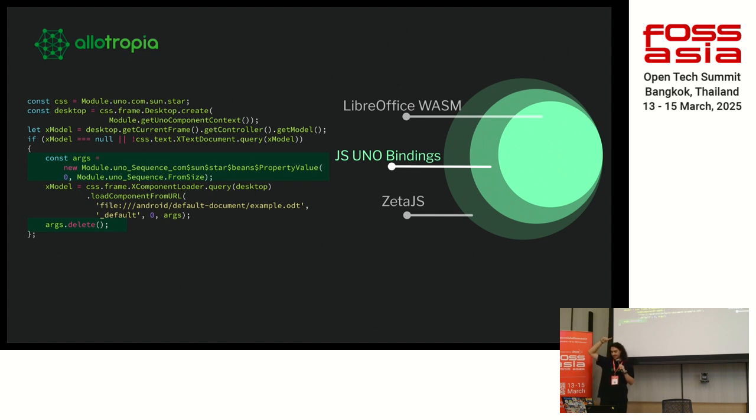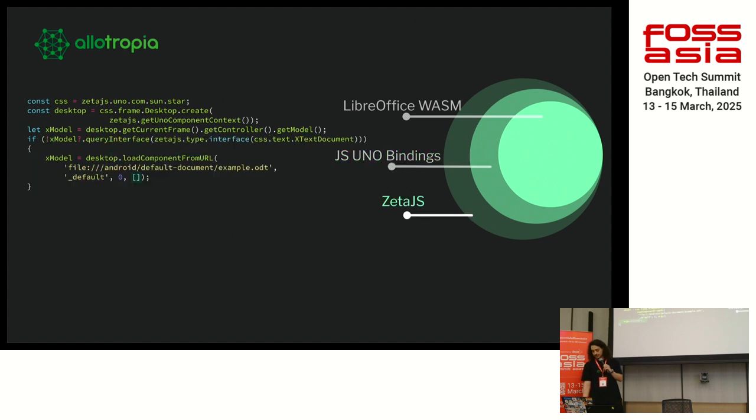It's very ugly, and at the end of the code, we need to actually delete the thing. You can actually use just an array of values, but you need to represent it in the LibreOffice way, and it's really cumbersome like this. If you use Zeta.js instead, it basically abstracts everything into just an empty array, so it handles everything type related for you. It's good to go.